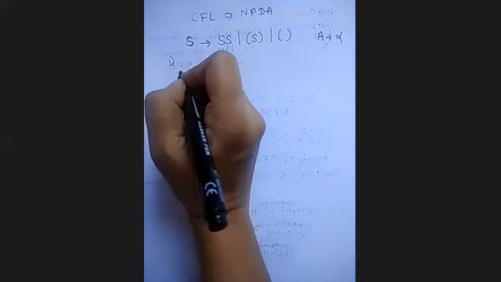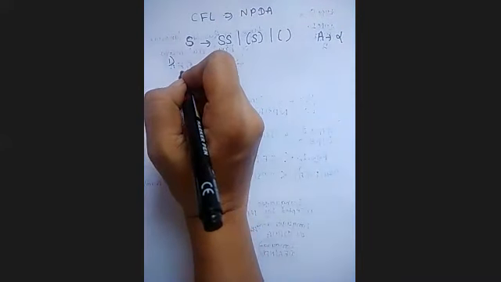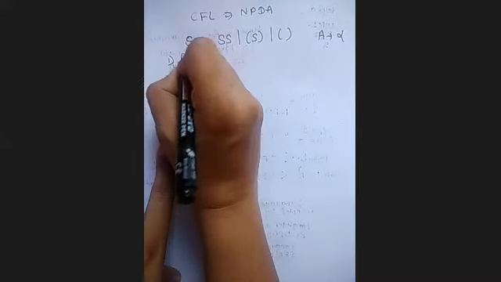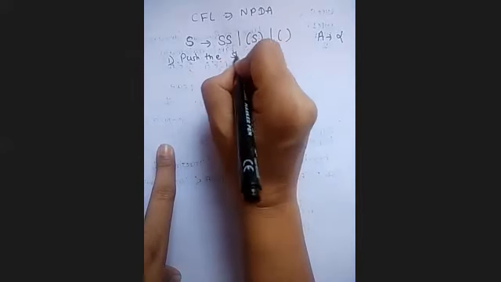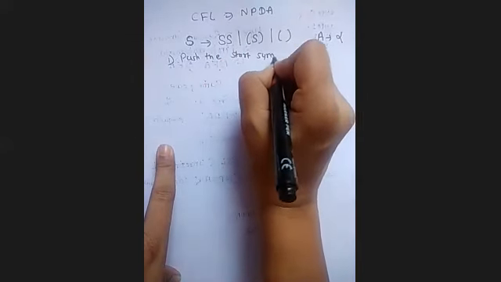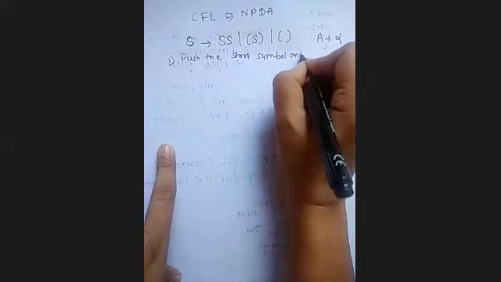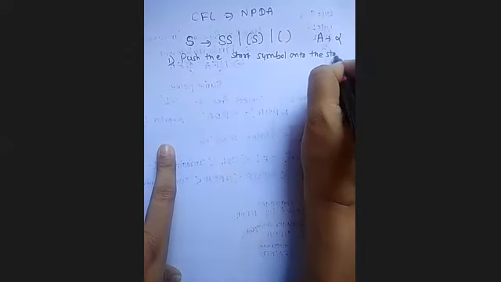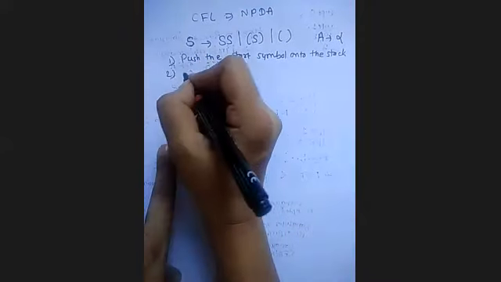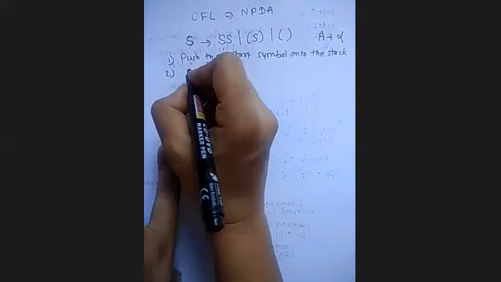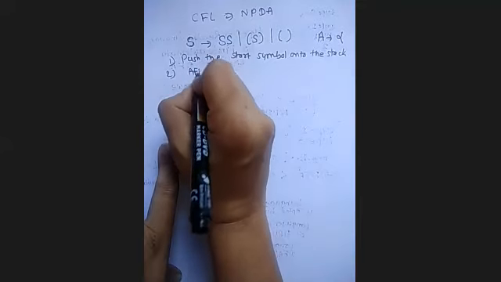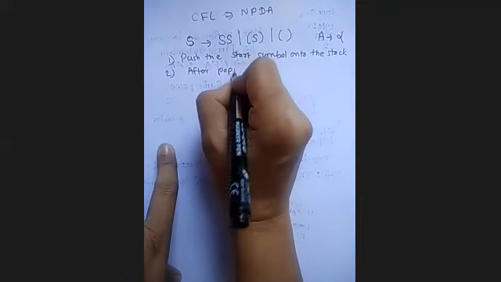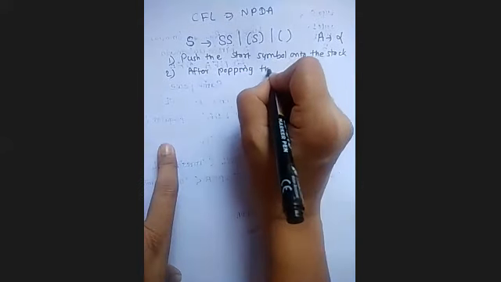Okay, so note down all the steps. First step is what? Push the start symbol onto the stack. Second step, after popping the start symbol, push the right-hand side of the production in reverse way.